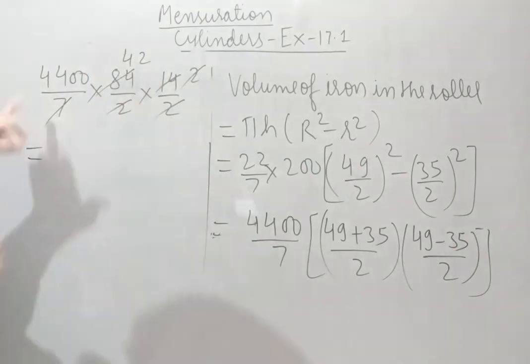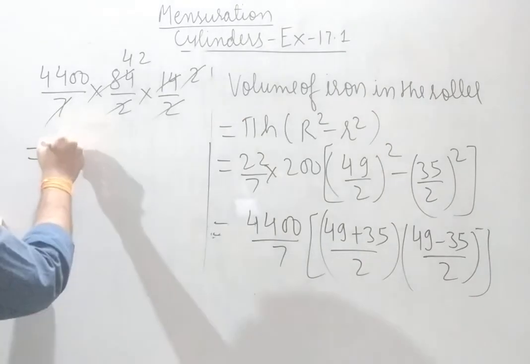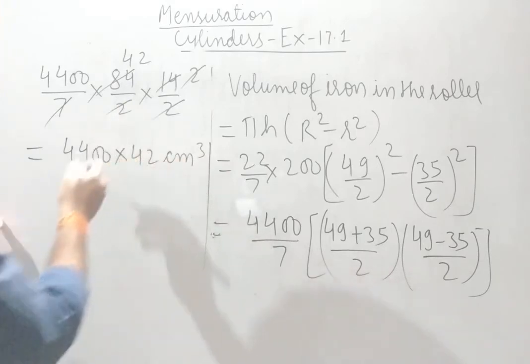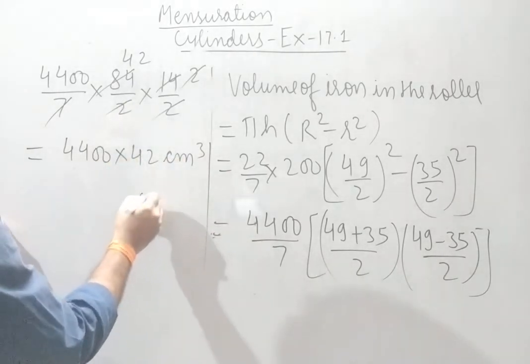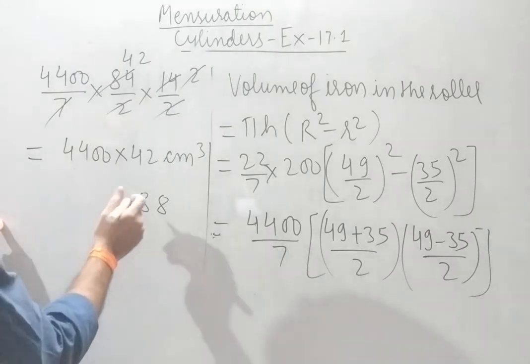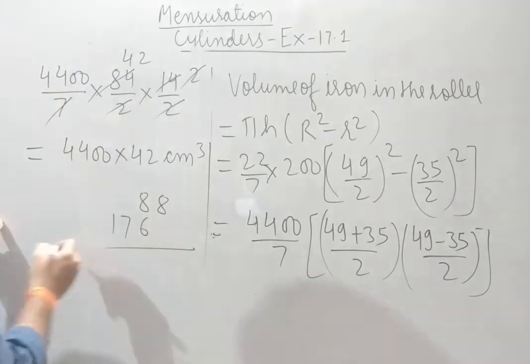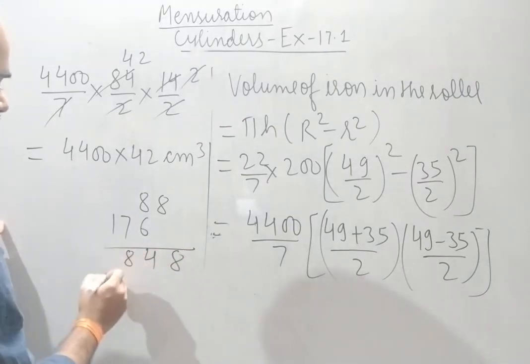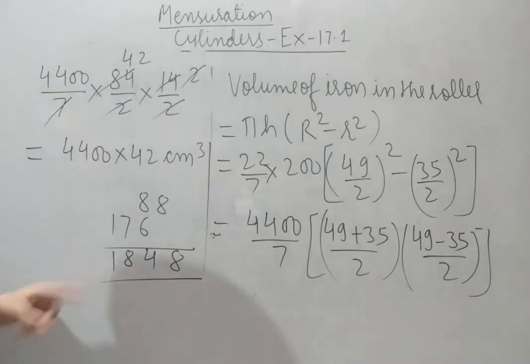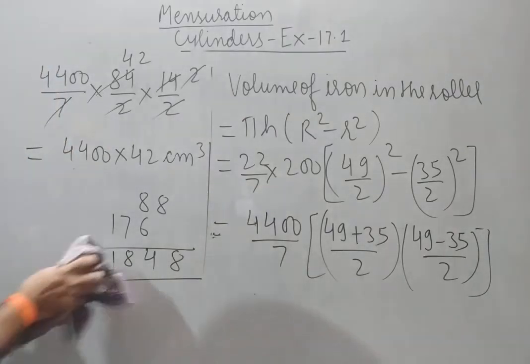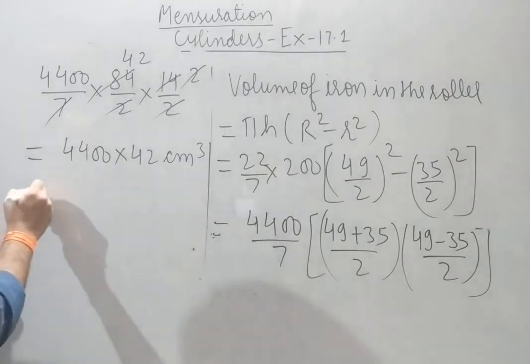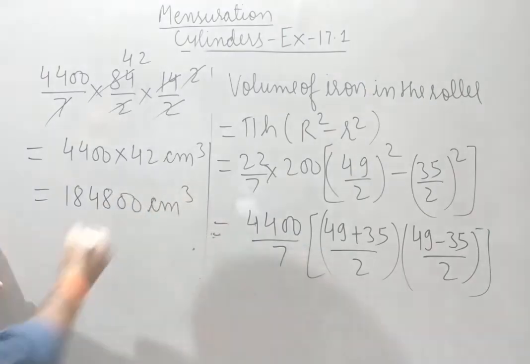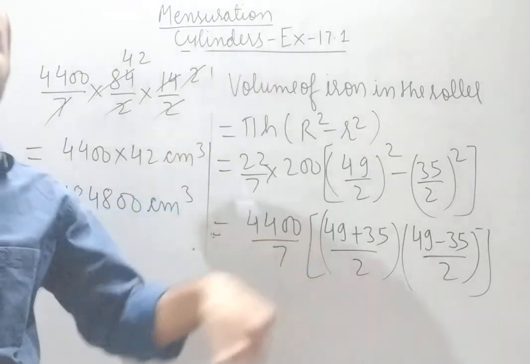It means 4400 into 42 centimeter. So finally this will be 184,800 centimeter cube. But we have to find the weight of the iron used.